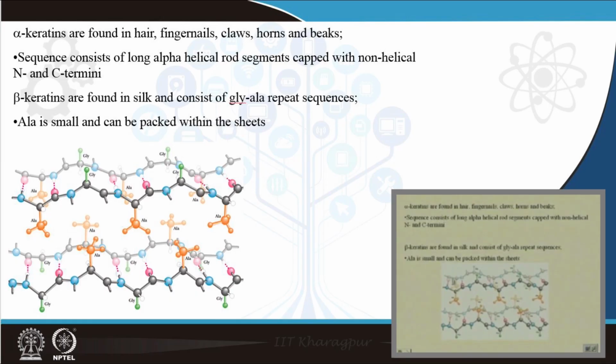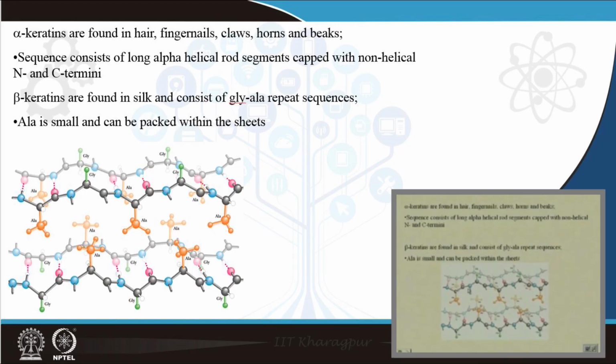Beta keratins, the ones that we see here, are formed of beta sheets. Okay, they are found in silk, which is also a fiber, but over here, if you look carefully, you can see alanine and glycine repeat sequences, as they are called. So you have alternating glycine and alanine.